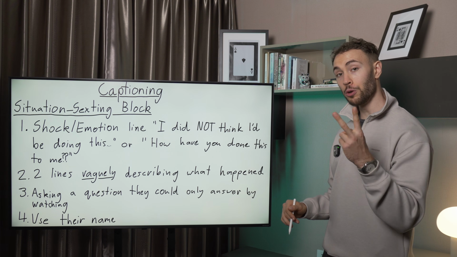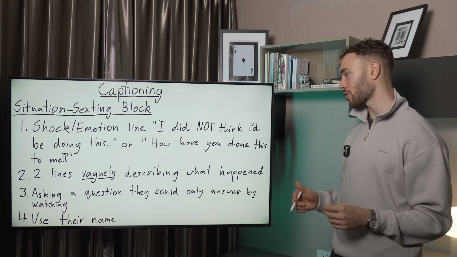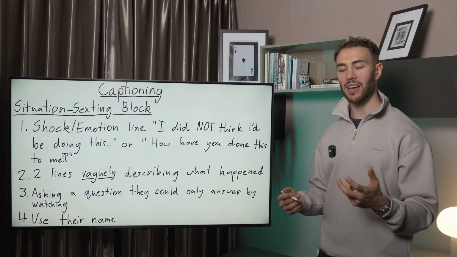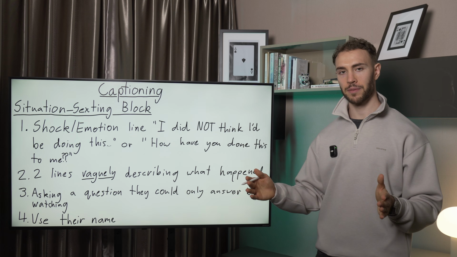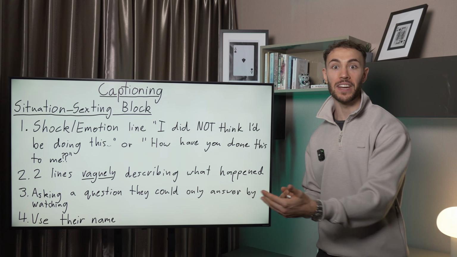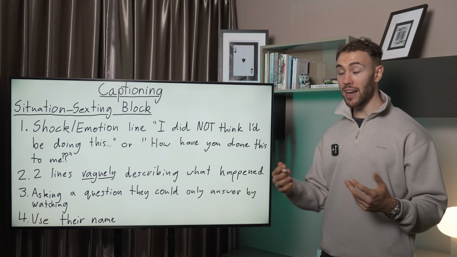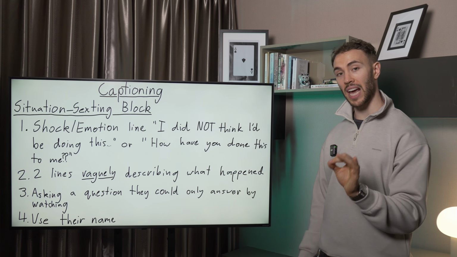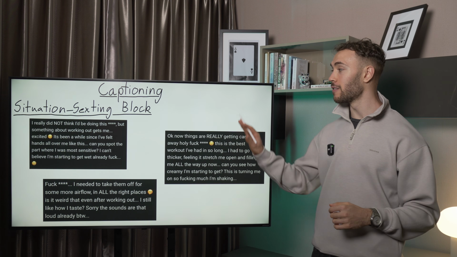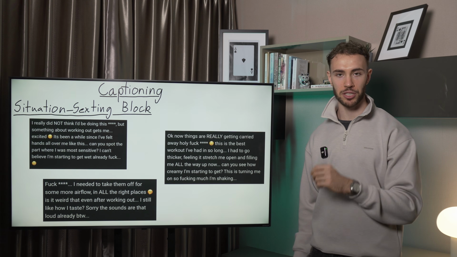Then you can have 2 lines which vaguely describe what happens in the video. Curiosity should still apply here, but you can be a lot more direct. You could say, we both knew it had to come off, or I had to feel it at this point. Again, ask a question they could only answer by watching it and use their name. And here's a few more examples of situation sexting captions.